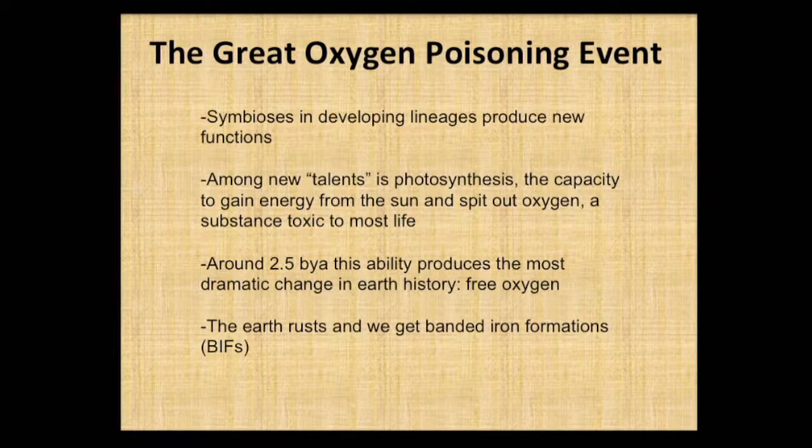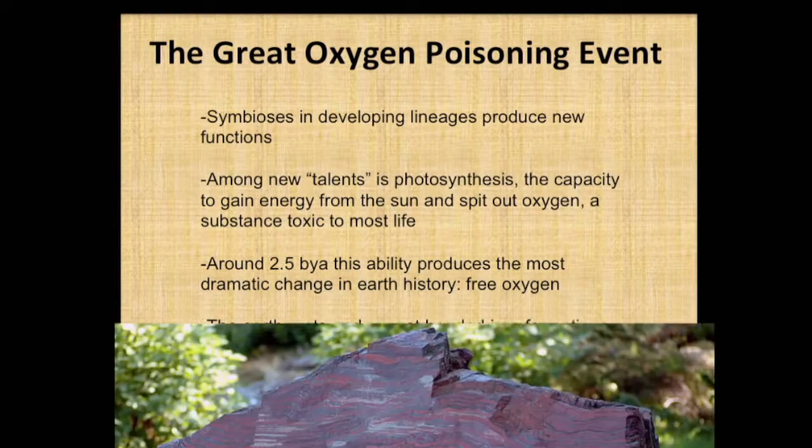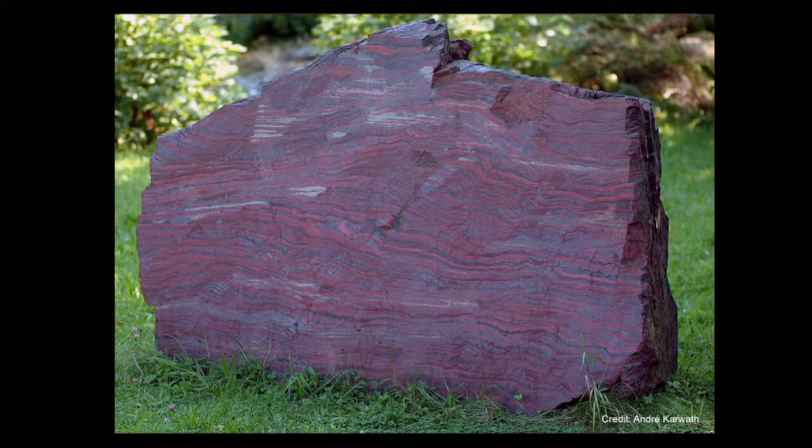So around 2.5 billion years ago, you get enough of these that you start getting oxygen released into the atmosphere at a large level. As a result, the iron that was around in the ocean gets oxidized and rusts. The Earth rusts, effectively.